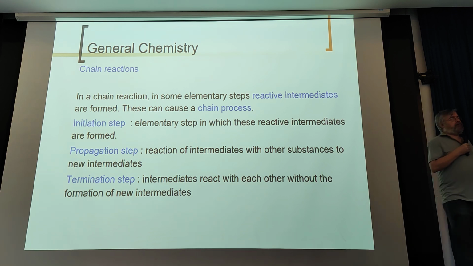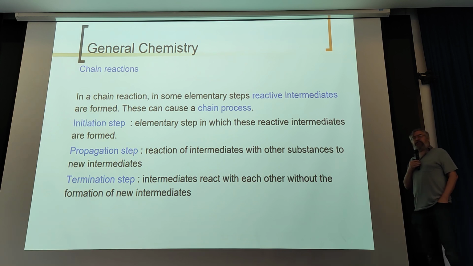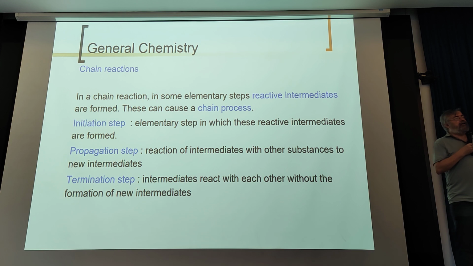So often one reaction is followed by another, and then maybe another, and so on. So reactions operate in chain. Several elementary reactions are working together. And this may involve so-called intermediates, which are not isolated. These are not the final products, but they have a task during the elementary steps that lead to the final product.